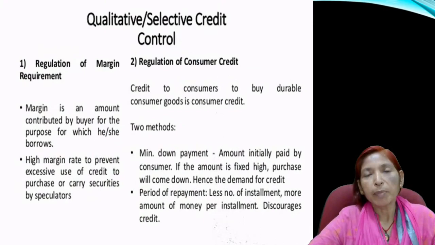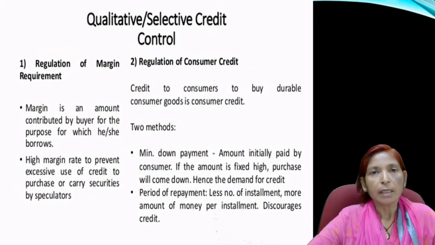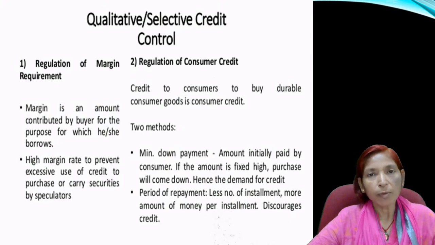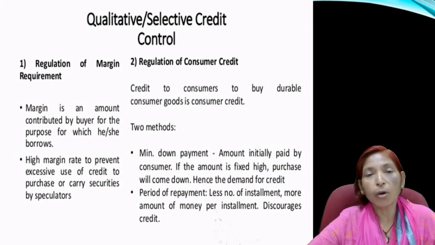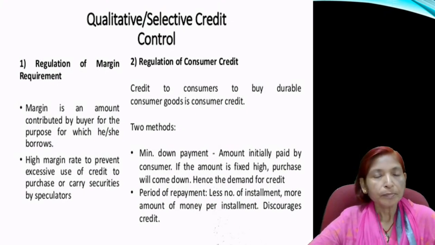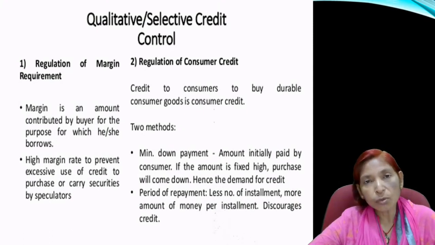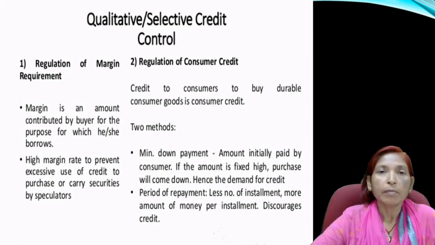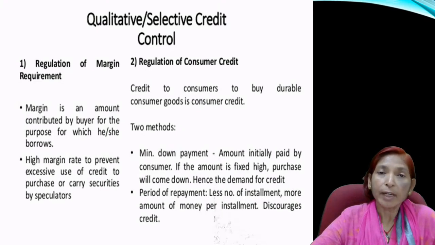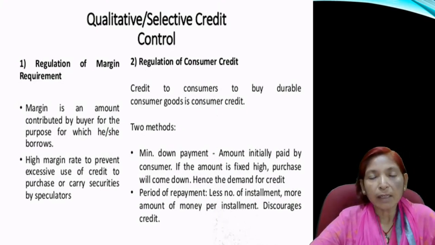When anybody takes loans or borrowings from the banks, then the bank will keep some pledge or mortgage amount. When the bank provides loans and advance facilities to the public, the bank will definitely take some mortgage and pledge amount. That is known as margin requirements.